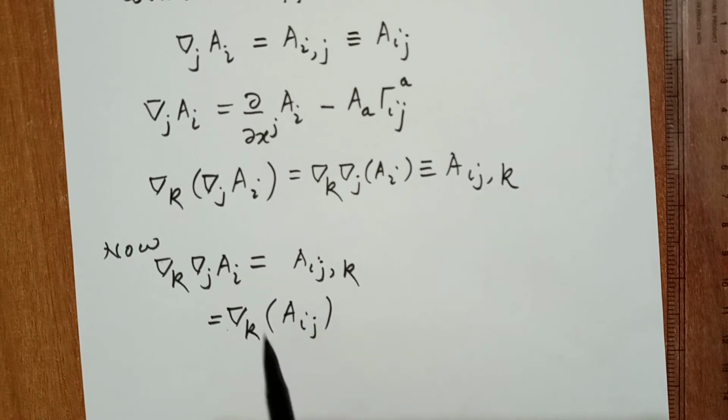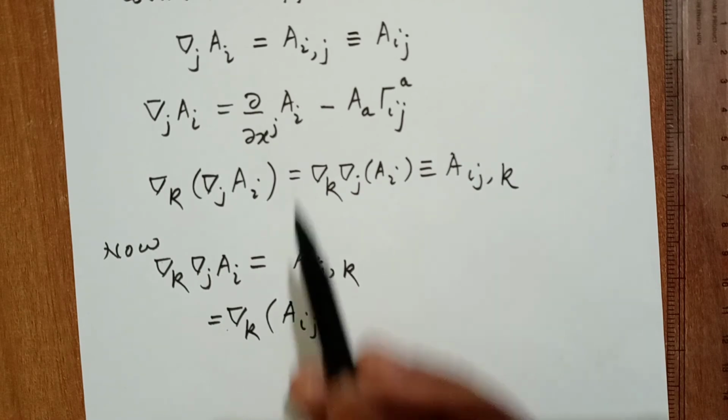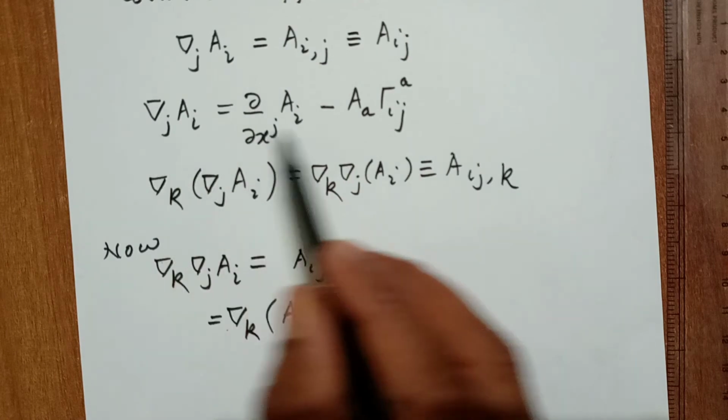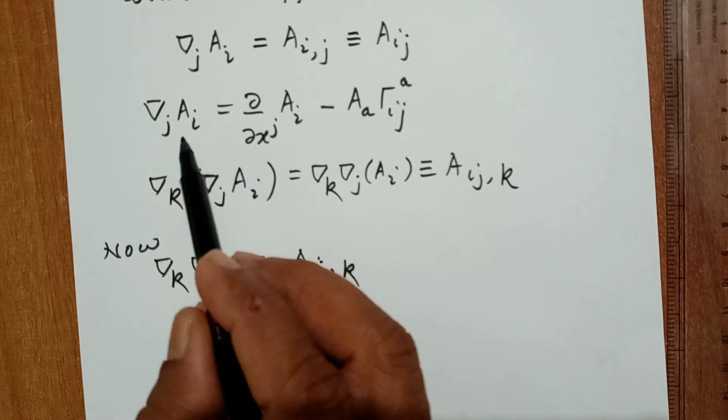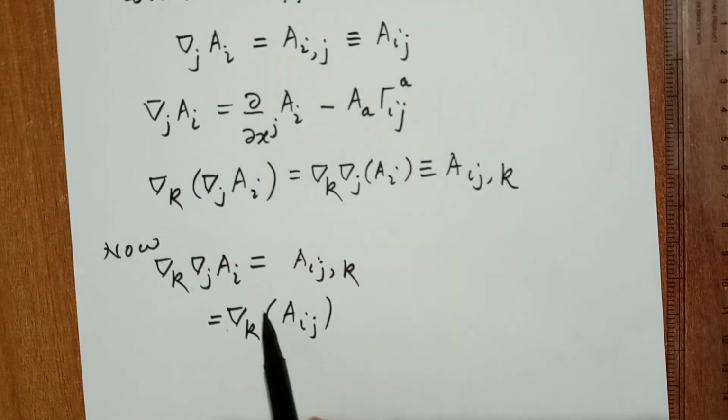This is a tensor of rank 2. So here we apply the definition of covariant differentiation of a covariant vector, but now for a covariant tensor.